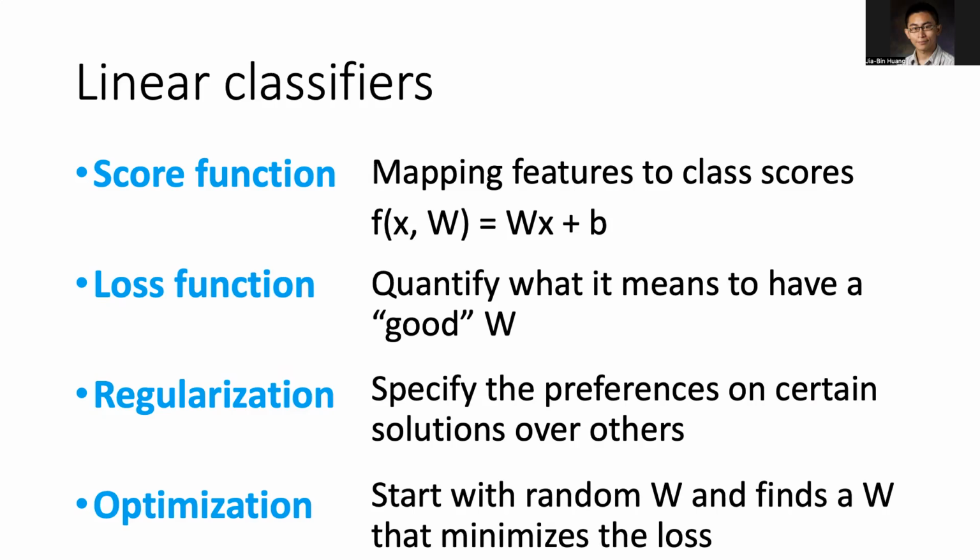And when we say we want to do the optimization, it means that we have the score function and an objective function that tells you whether this W is good or bad. Then we want optimization that says, if I start with some random W, random weights, what's the process for me to find a better W such that my loss function will be improving?